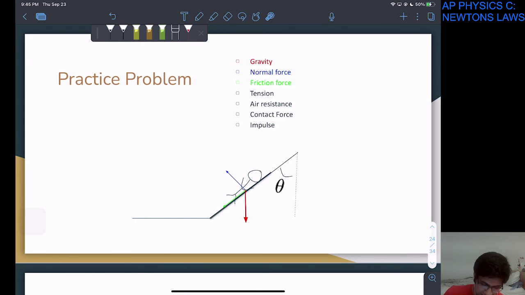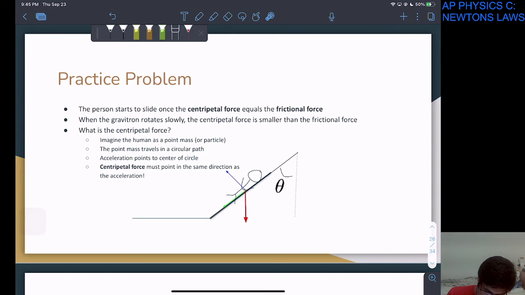In this case, we're at rest initially, and then we're going to move with some kind of speed. Because we're going from rest to in motion, we have to use static friction. We're given both, so be aware of the tricks. And there's no tension, no air resistance or external forces, no kicking a ball or anything like that, and there's no impulse. So we pretty much just have these forces.